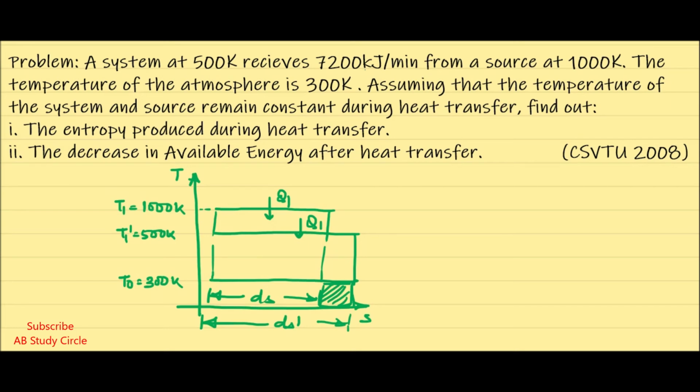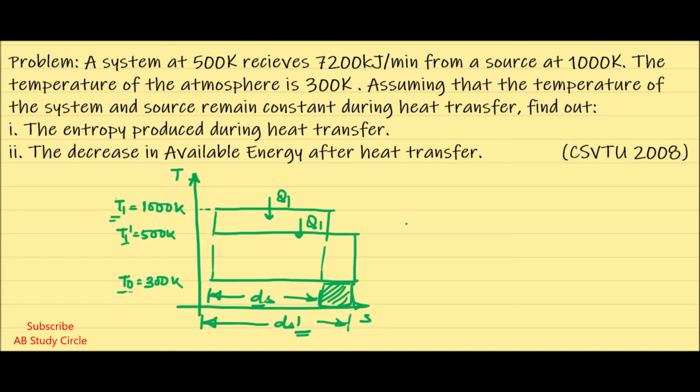If the heat were transferred directly from T1 to T0, it would have an entropy dS, but as it has transferred the heat to the system from this source, and the system is operating between T1 dash and T0, the entropy is dS dash.